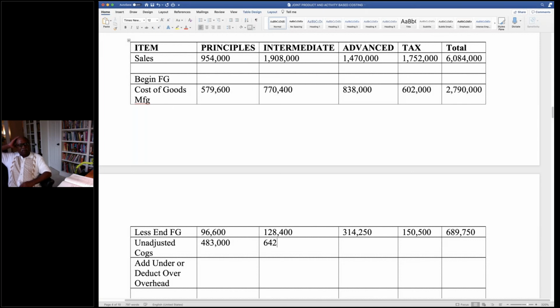We get 642. We get 523. And then we get 451.